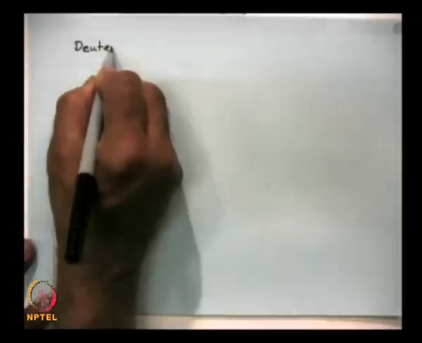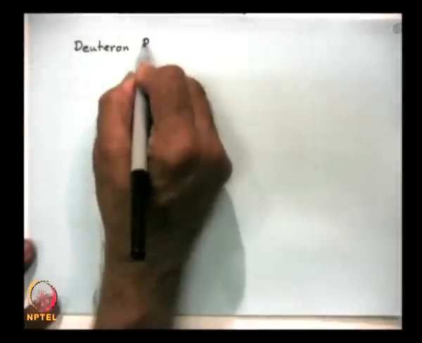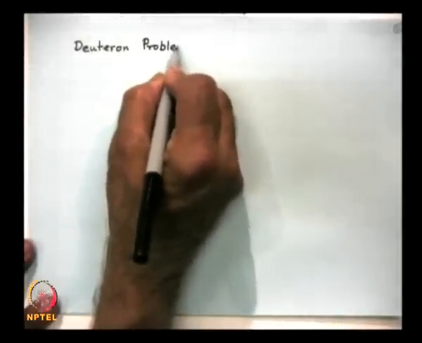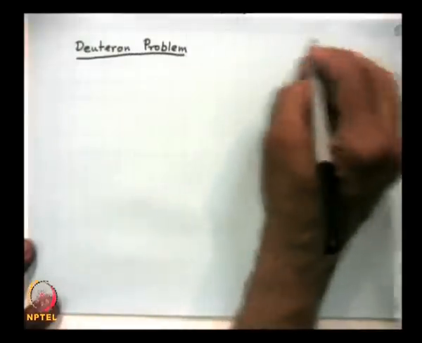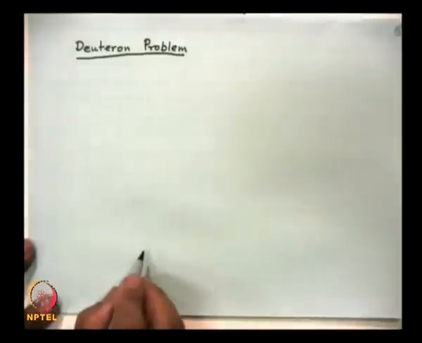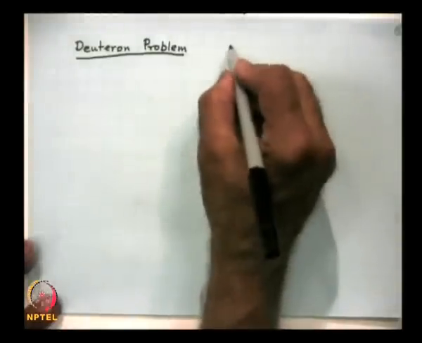In our last lecture, we had started on the Deuteron problem. In the Deuteron problem, we have one proton and one neutron, which are held together by a potential energy distribution, and we had assumed a very simple model.